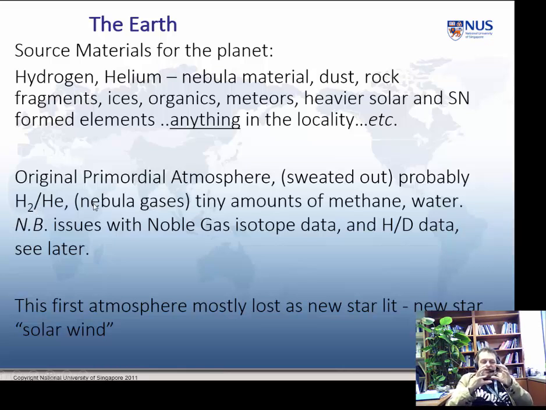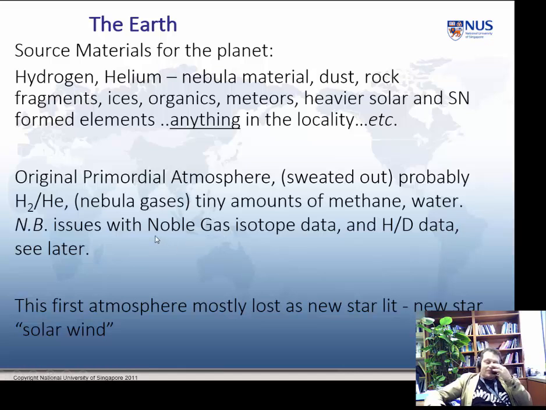This process of potentially melting and chemical liberation and permeation of gases and melting of ice to get liquid water is termed sweating out. So these substances began to be sweated out of the juvenile planet.